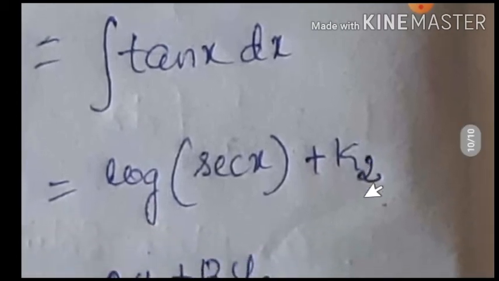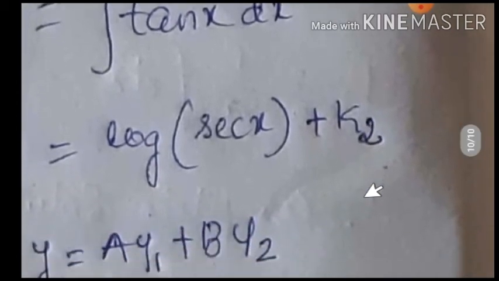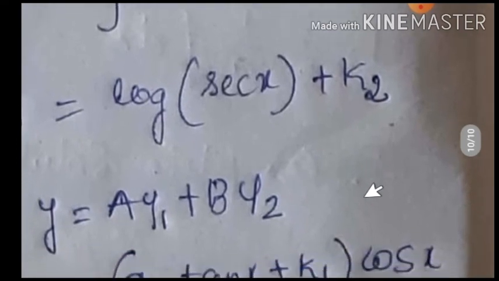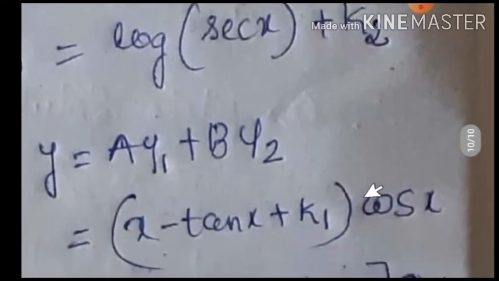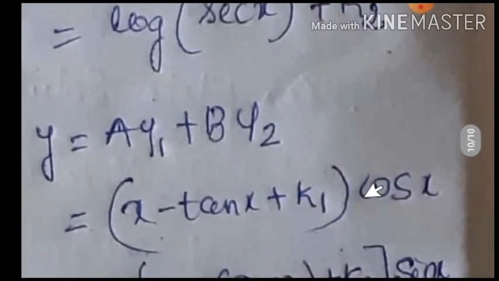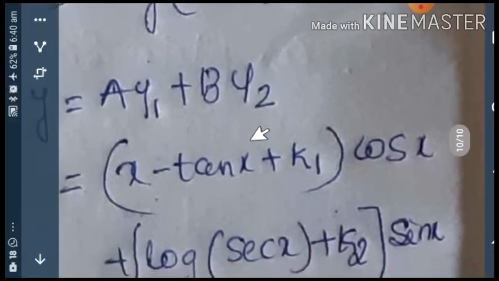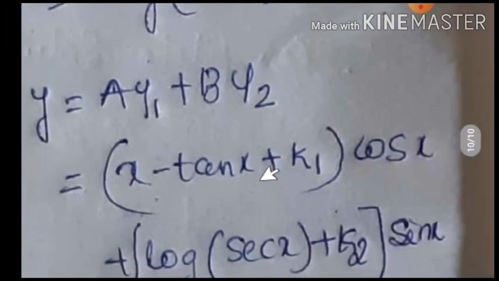Now after finding the a and b values, write the complete solution. What is y? y equal to a y1 plus b y2. I have substituted here the a value and y1 value, plus the b value, log of secant x plus k2, into sin x.